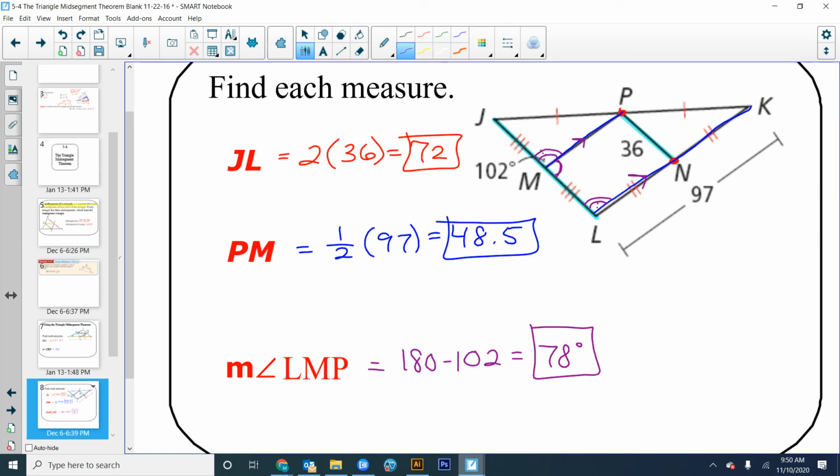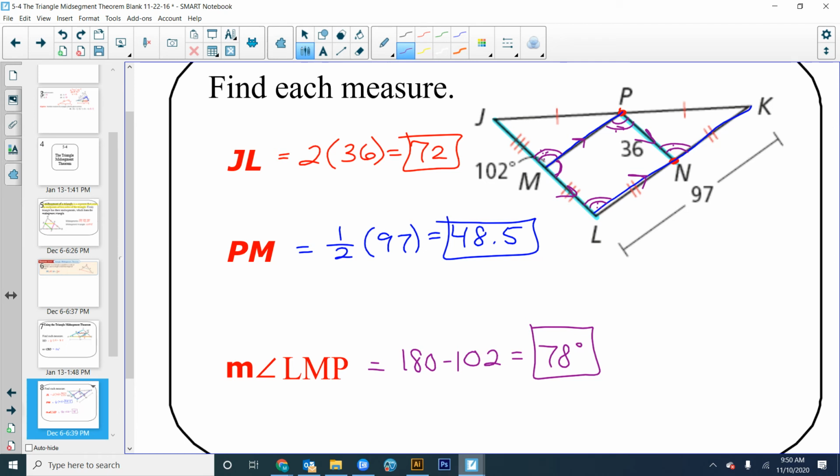What's this angle right here? 102, because these are parallel, right? Okay, see it? What would this angle be? 102. Yep, alternate interior to this one, right? Yep.